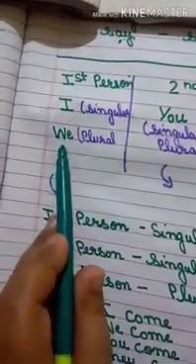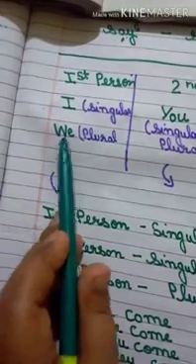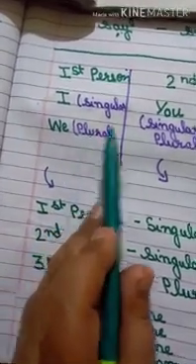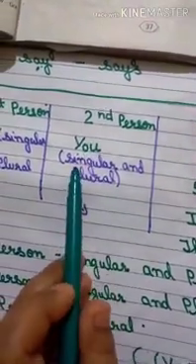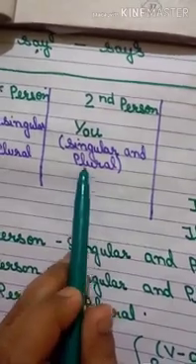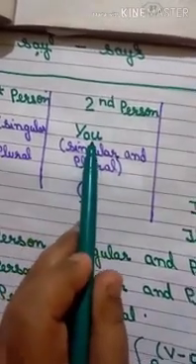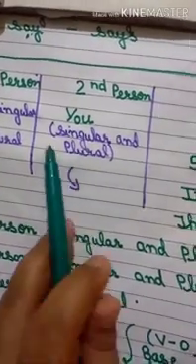So I and we both are in first person, but I is singular and we is plural. Now come to second person, you. You is singular and plural, both.